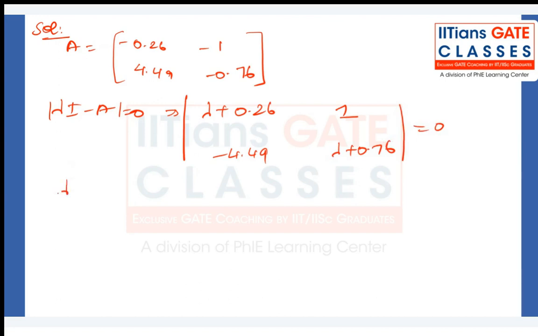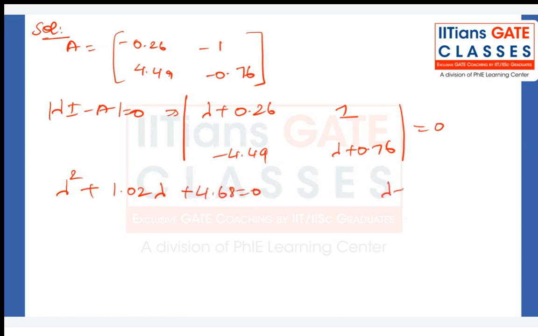So let's determine the roots of the system. If I get the determinant, I'll have lambda square plus 0.26 plus 0.76, which is 1.02, times lambda, plus 4.49, and this gives a value of, if I'm correct, plus 4.68 equal to 0.